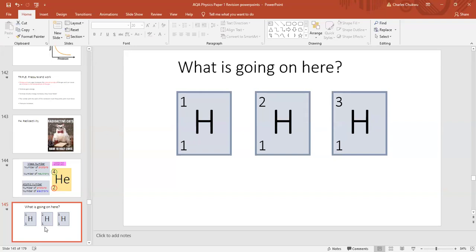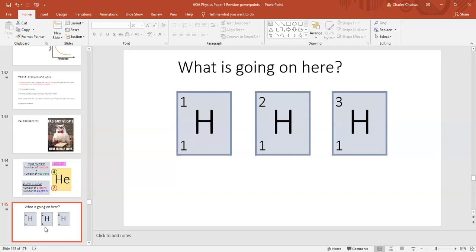You remember the concept of isotopes, right? These are isotopes of hydrogen. So it's isotopy basically that's playing out here.